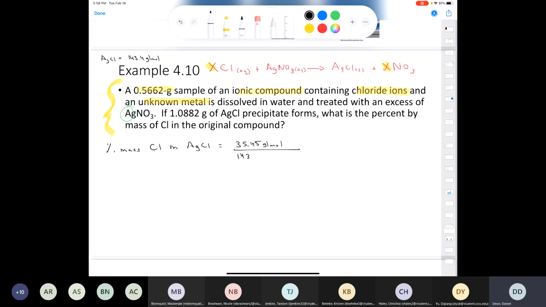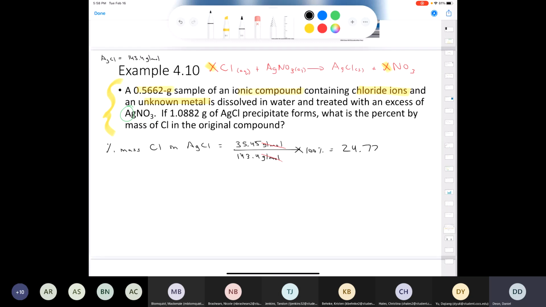Then I multiply all that by 100. You see that the units of grams per mole cancel, and I get that the percentage of chlorine in silver chloride is 24.72.